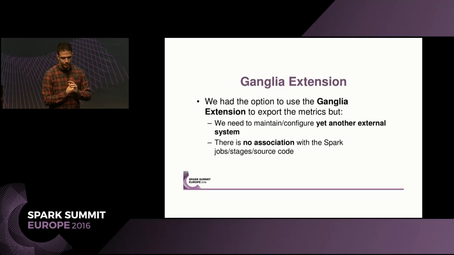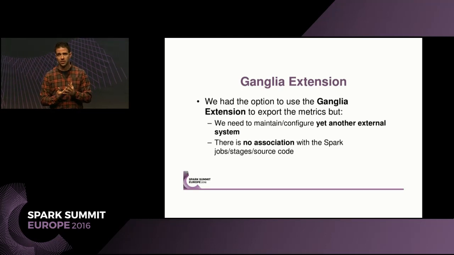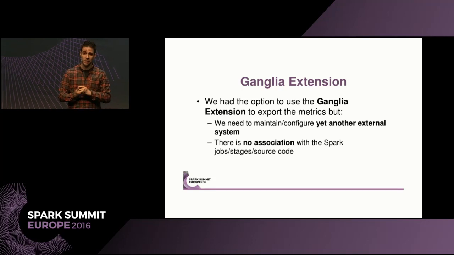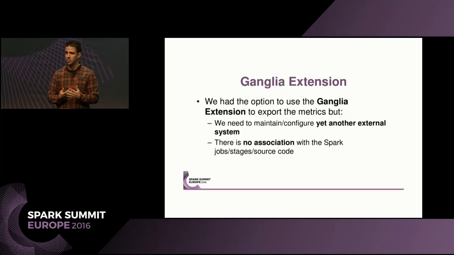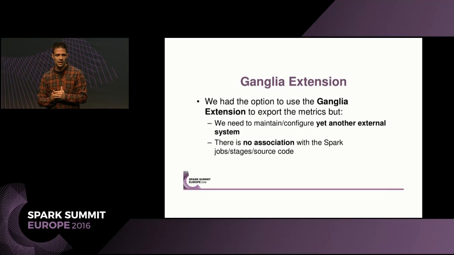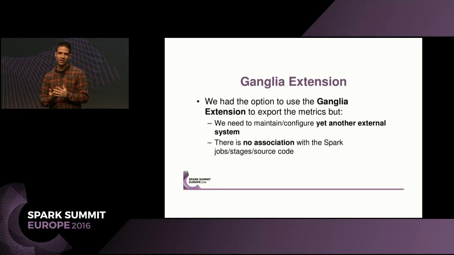Spark, of course, has its monitoring framework. One of the options that was available to us to get a better understanding of what's happening under the hood at the system level was, of course, the Ganglia extension. It was an option that we considered in the beginning, but we felt that there were some drawbacks.